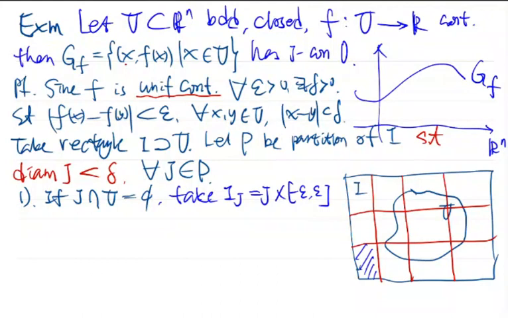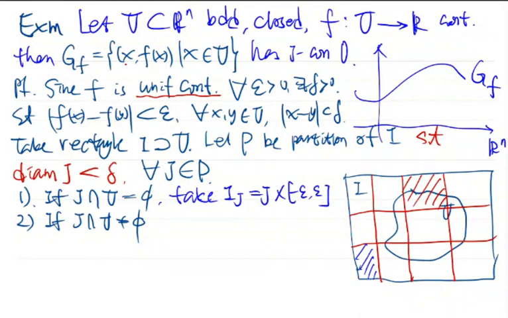So if the intersection is not empty, for example, we consider this rectangle in the middle of the upper corner, in red.